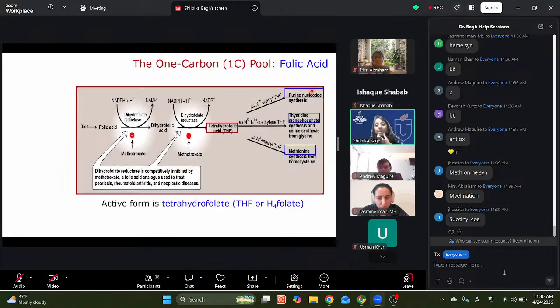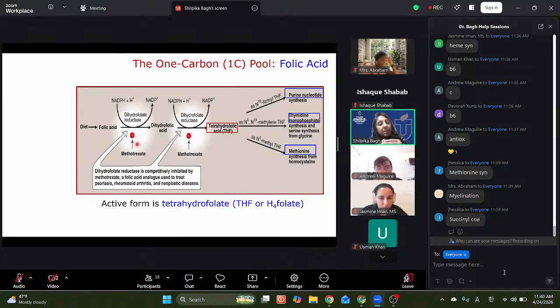The problem now comes with the deficiency. Folic acid deficiency is because folate is not present in the diet. Yes? But B12 deficiency also leads to folate trap and the same signs and symptoms. Do you understand this? Low folate in diet leads to folic acid deficiency.